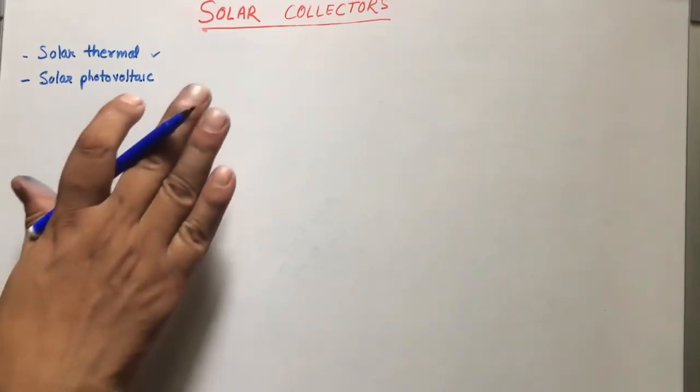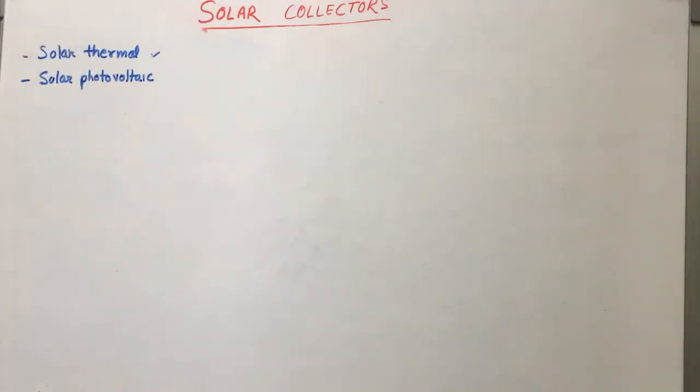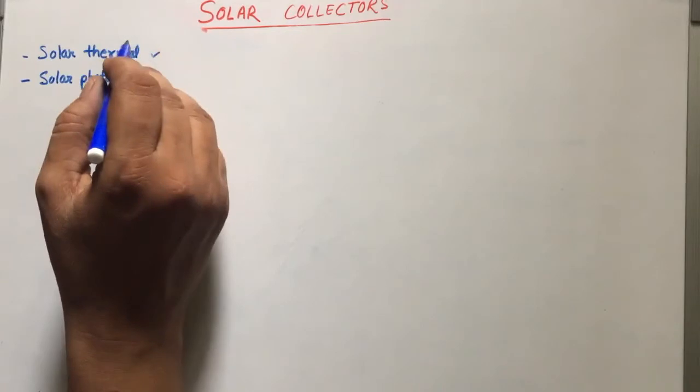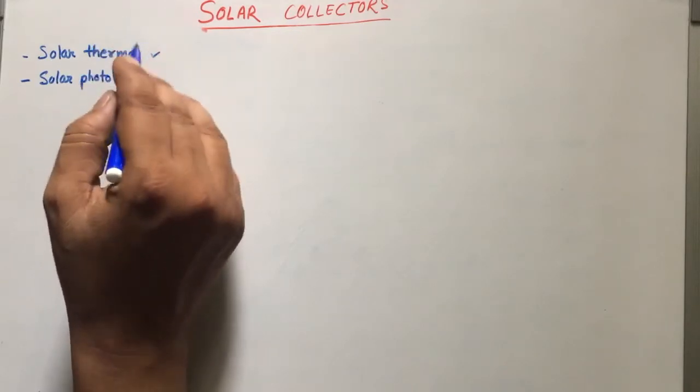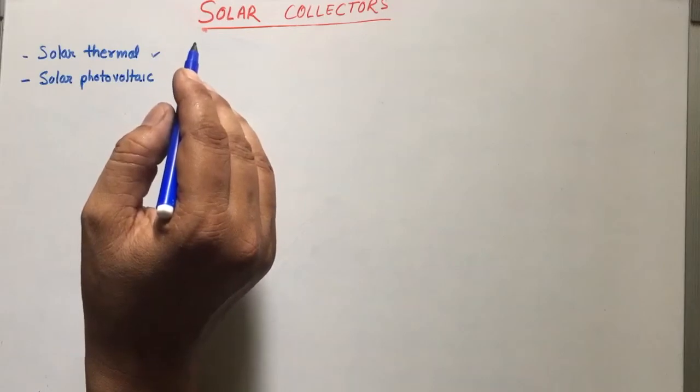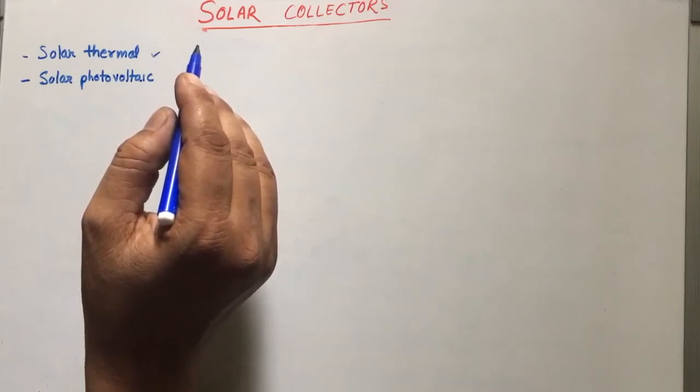Where low grade heat is required, we can utilize this directly. So today we will start our study to know how we can collect the heat from the solar radiations and transform it for different utilization purposes.